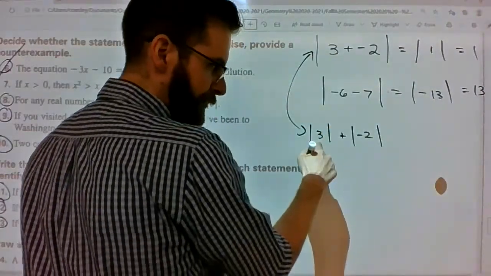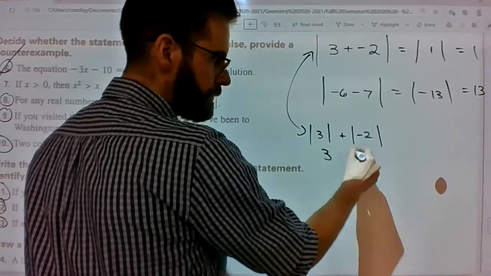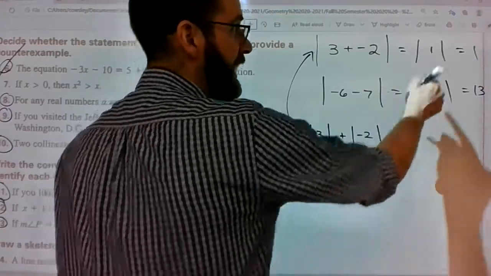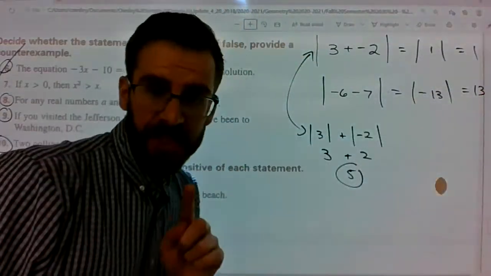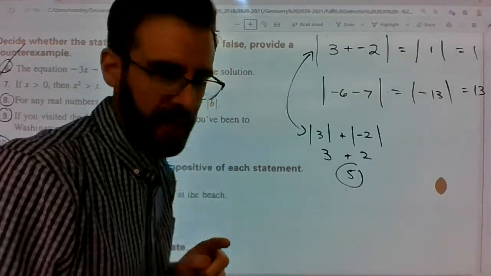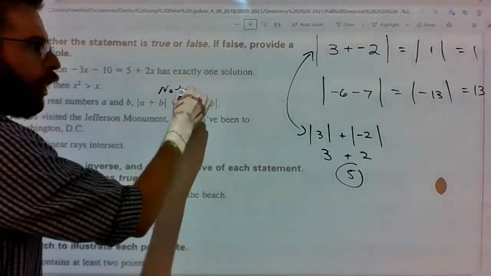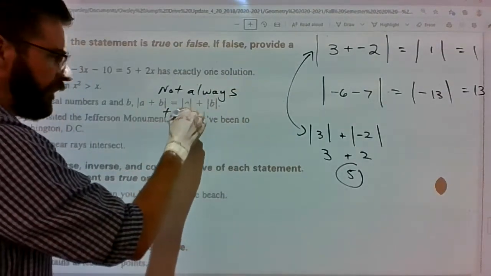What's the absolute value of 3? It's 3. What's the absolute value of negative 2? 2. What's 3 plus 2? 5. That is not 1. So I just found a counterexample. This is not always true. It's false.